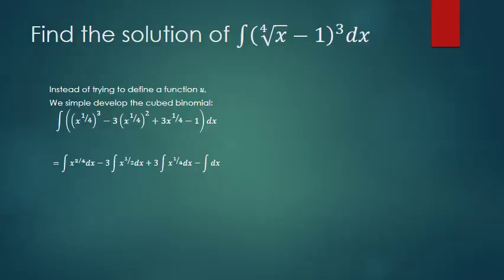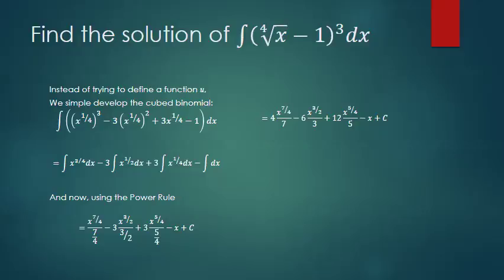Having this, we can separate our integral in 4 terms, and then we simply apply the power rule to find the solution, and we simplify our solution, and that's it.